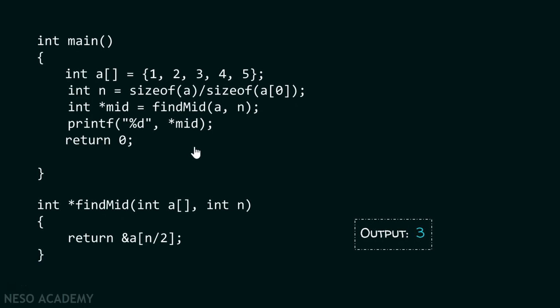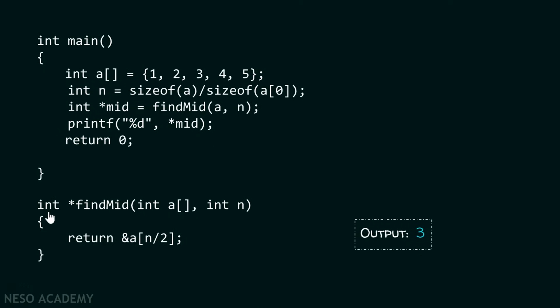There is also one important point for us to understand. We can see here the data type of this function is int star, right? It is indicating that we are returning some pointer or some address. Here we can see we are returning the address of this particular element. Returning the address is equivalent to returning the pointer.